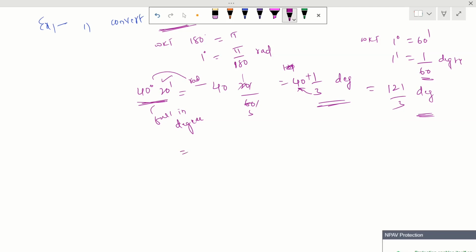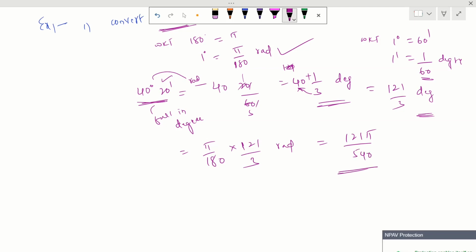So if we multiply this 121 by 3 with pi by 180, then it is completely in radian, right? Now it is 121 pi, and 180 into 3 is 540.